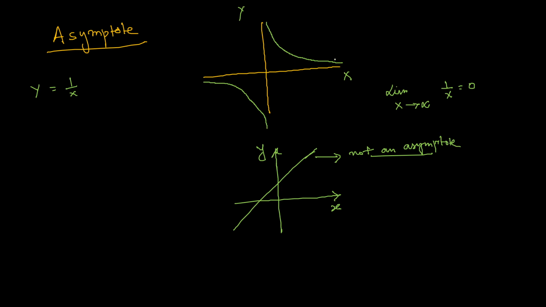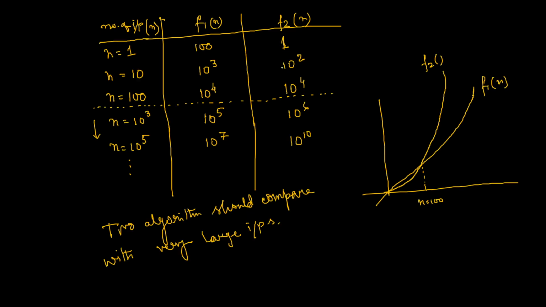But here, you can never say that y will be equal to 0. What we can say is that if x tends to infinity, then it can be 0. This is what we call an asymptote. So here also we have seen that two algorithms should be compared with very large inputs.